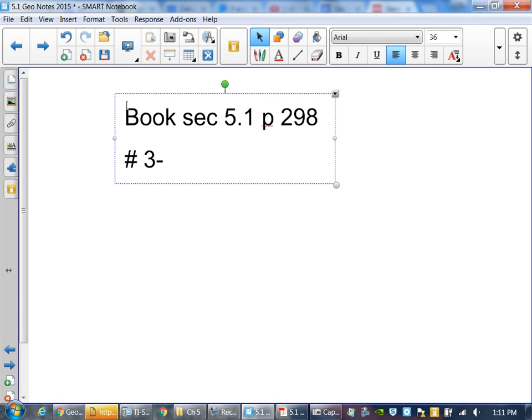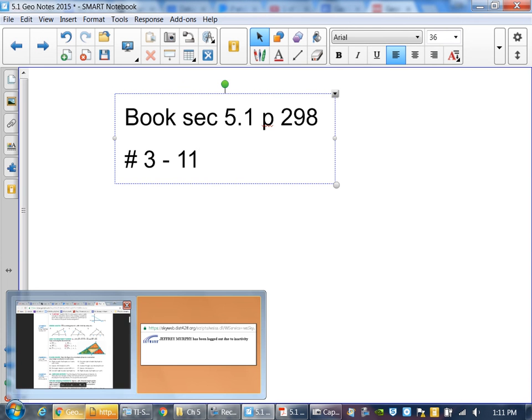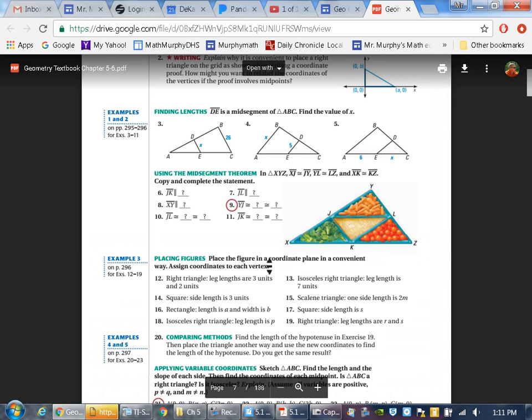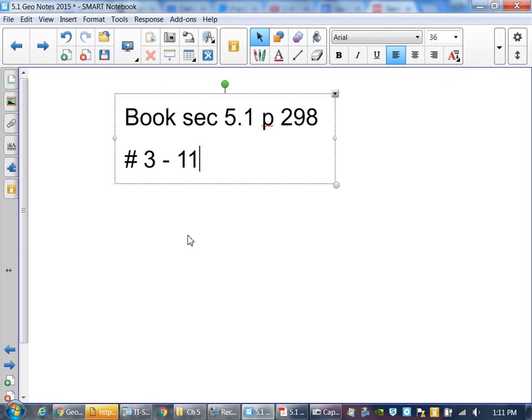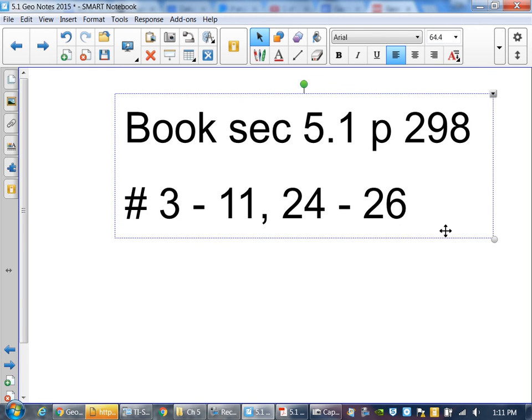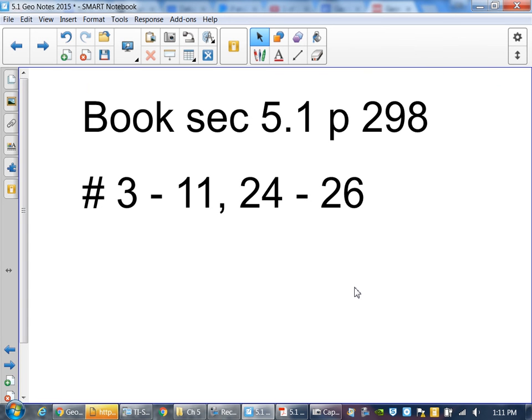Numbers 3 through 11, I believe, and then it's 24 through 26. Yep. Oh, that's 3 problems. 3 through 11 is 9 problems. I want you guys to work on those.